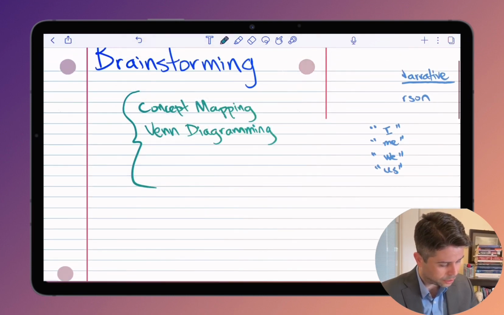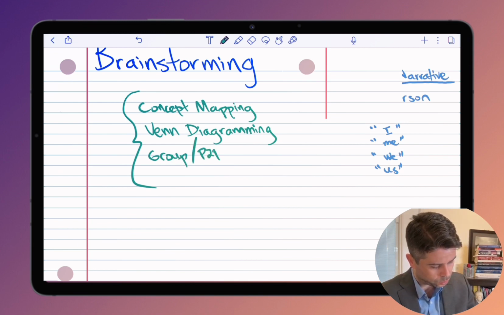You may also decide to engage in group or peer-to-peer discussion.